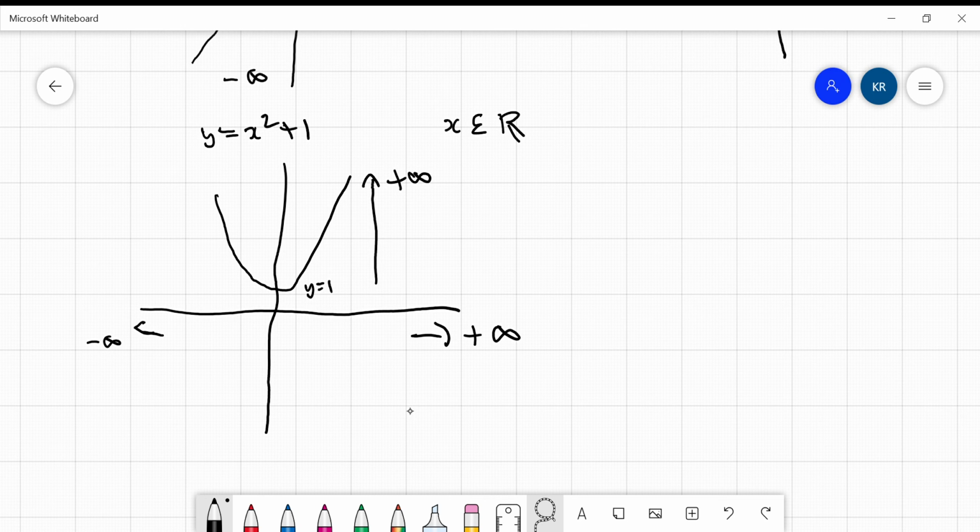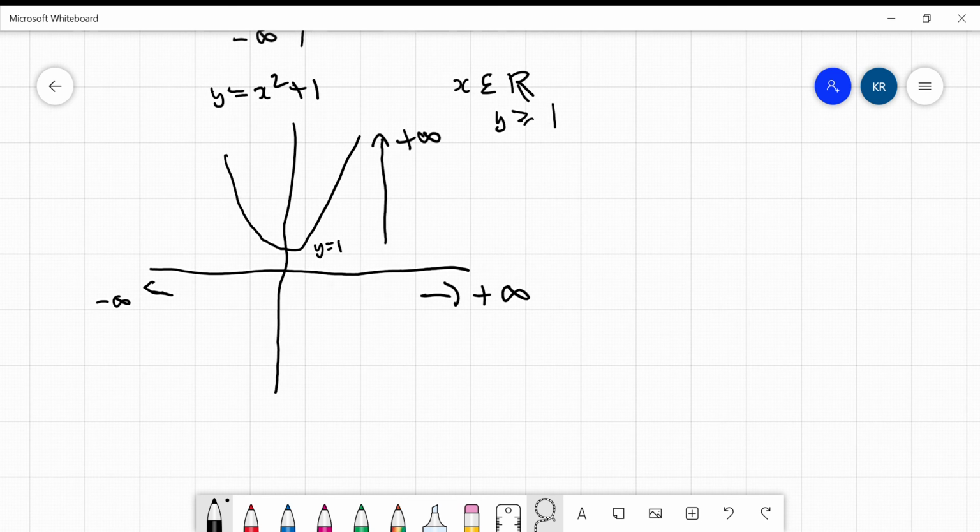So therefore, we can say the range is y is greater than or equal to 1. So how would we find the range in these kinds of cases? You can draw a sketch like this and see at which point the graph doesn't go beyond. So in this case, we can see beyond y equals 1, we don't see the curve going beyond that.